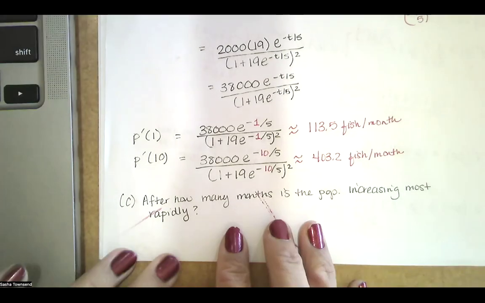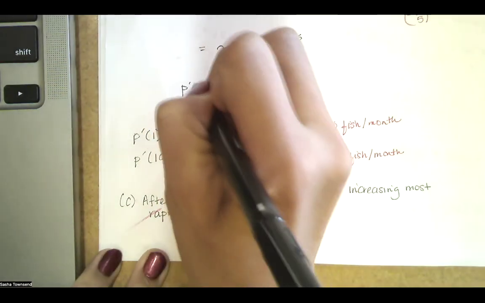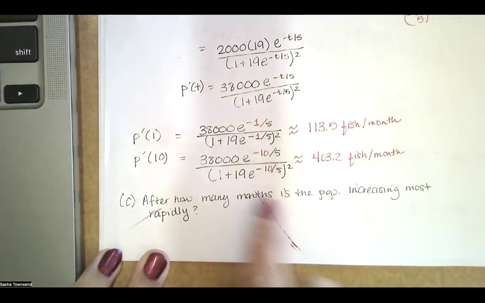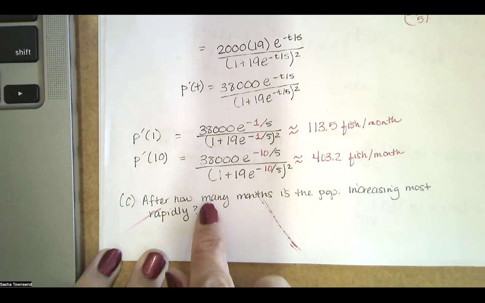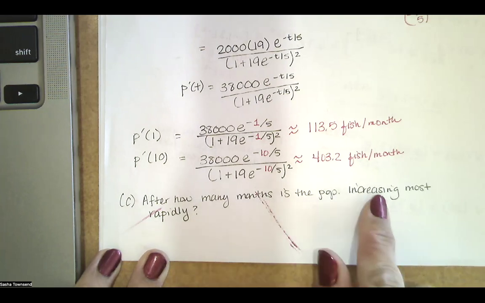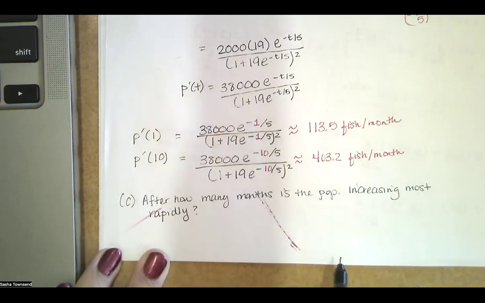Okay, so again, we have options. We know that this is our P prime of t. And we want to find the maximum of that P prime. We're looking for the number of months, that's a t value, when the population is increasing most rapidly. So when is this P prime at a maximum, essentially?